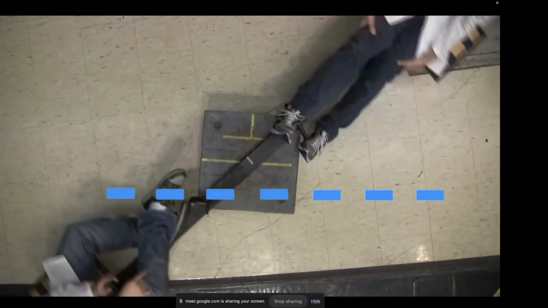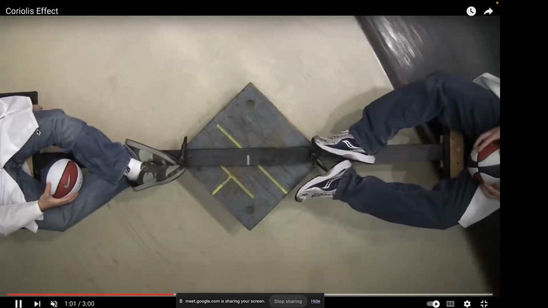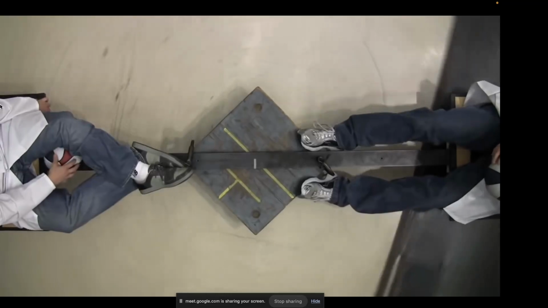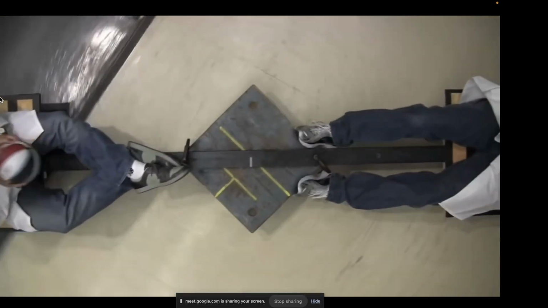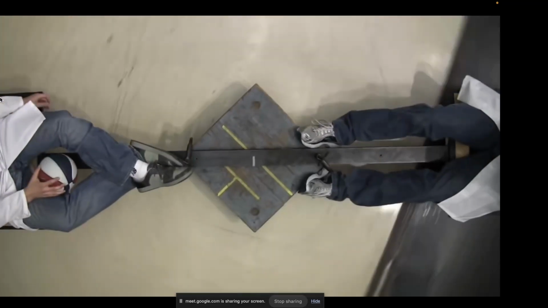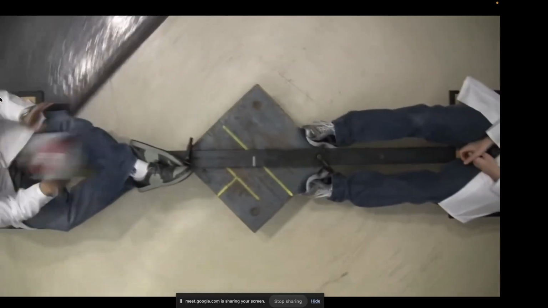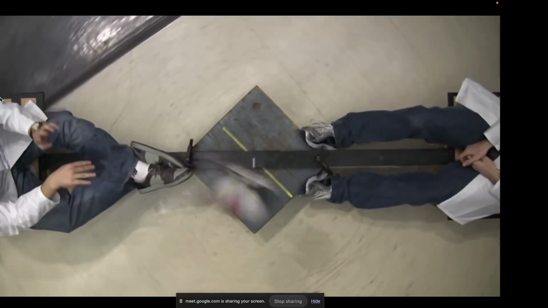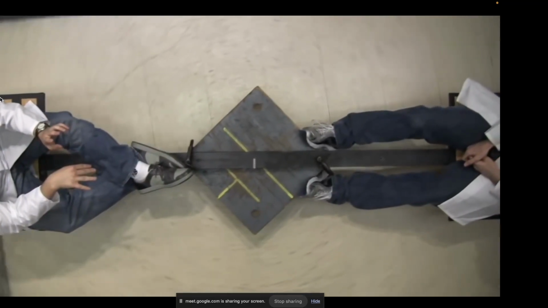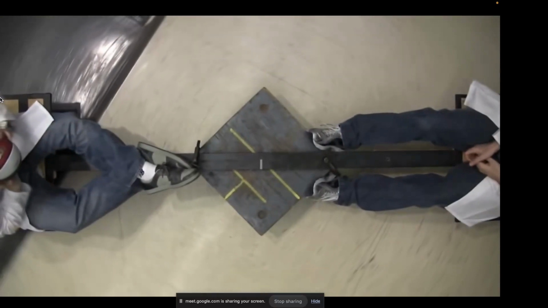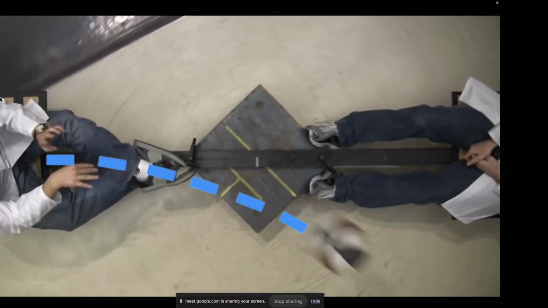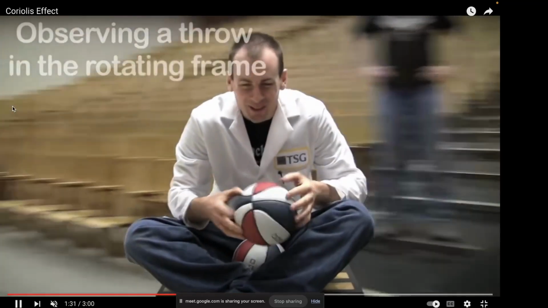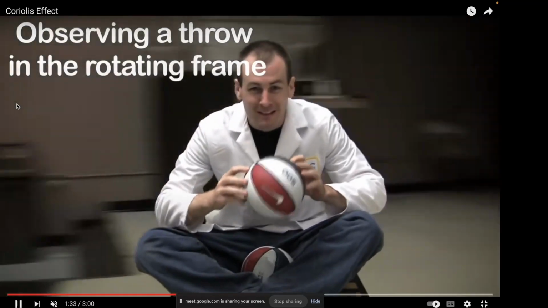And this is a rotating frame which you would see. So now the camera is on the rotating frame. You see the deflection here. The path now is curved. So when you analyze with respect to the rotating frame, this happens.